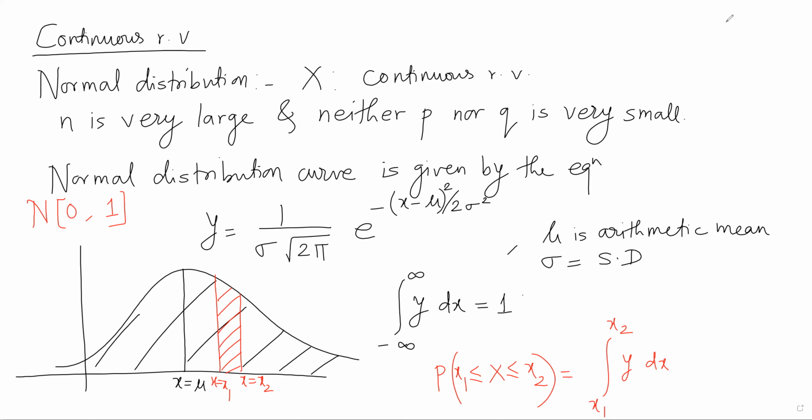So let us see the actual working formula of this and we'll calculate it. This is the probability density function of the normal distribution with mean 0 and variance 1.